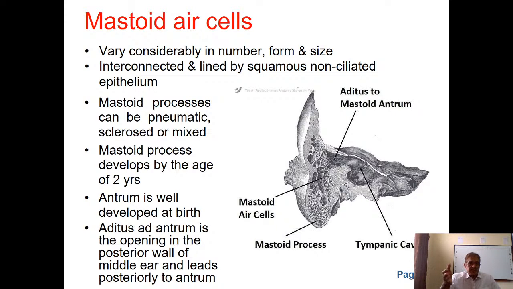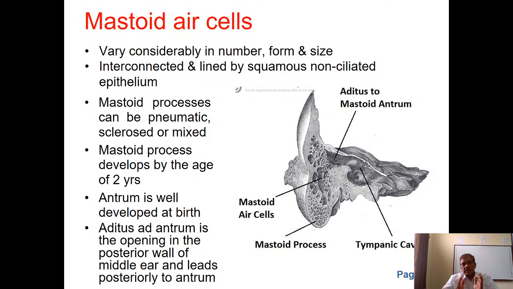Via the Eustachian tube, it comes into the middle ear cavity, and in the anterior part the same mucous membrane is present, but as it goes posteriorly, the posterior part of the mastoid and posterior part of the tympanic cavity, they become cuboidal, and the same cuboidal epithelium continues lining the mastoid air cells, the aditus, mastoid antrum, and the air cells.